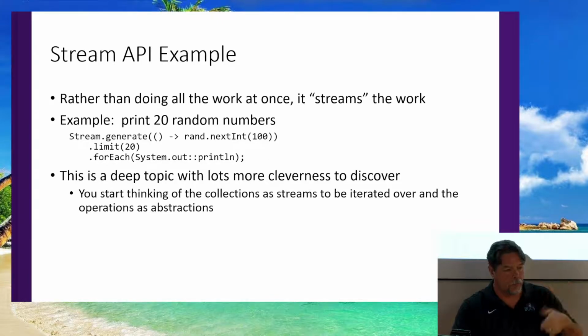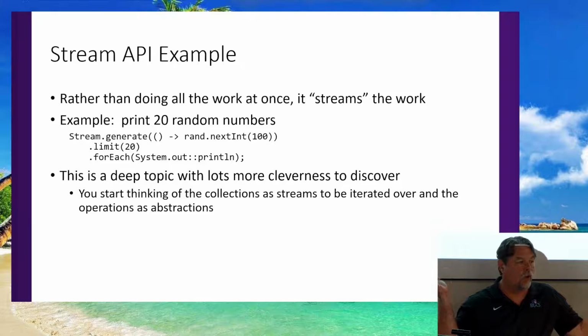Generate a next one, print it. Generate a next one, print it. But the limit 20 in the middle says keep a counter, and when that counter gets to the 20th one, stop. Indicate that there are no more, like if you hit end of file, which is what it's simulating. So pretty cool. And like I said, there's lots of cleverness to be discovered here. It's all so beautiful and so elegant.